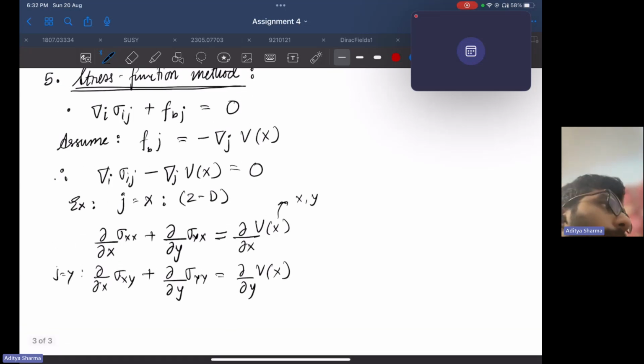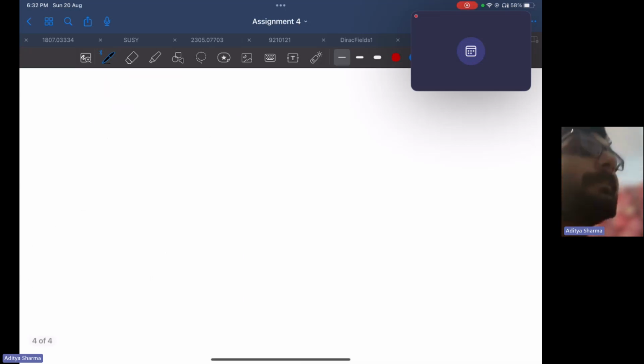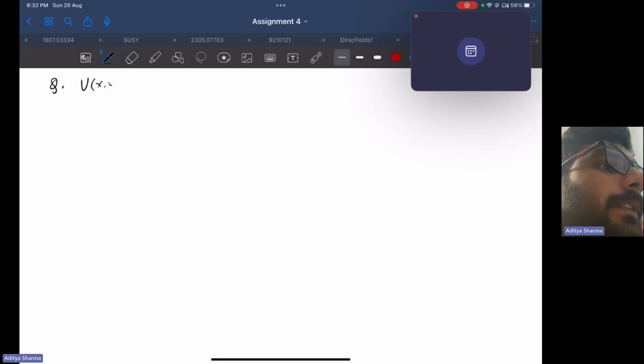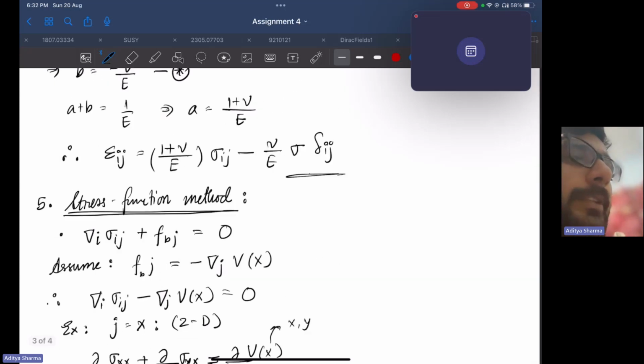Now we are going to find what the equations are if the potential given is, say, V of x, y, for a three-dimensional material, equal to rho g y.